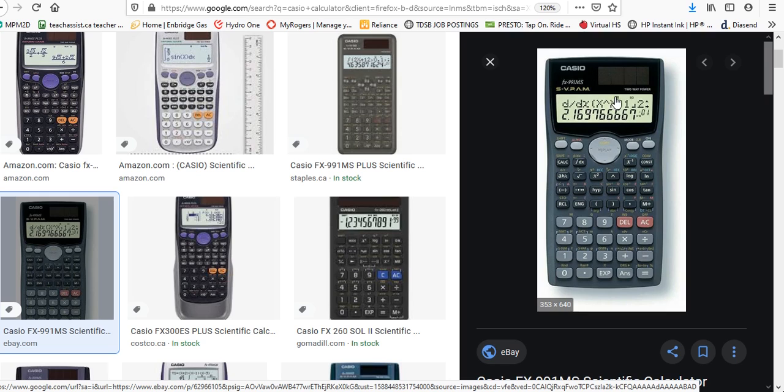Up here, depending on your calculator, it might say DEG, RAD, DEG for degree, RAD for radians, which you don't need to know for now, and GRAD for gradient. Make sure it says either degree or has the letter D for degree. If it's any other letter, you're not going to get the correct answers.